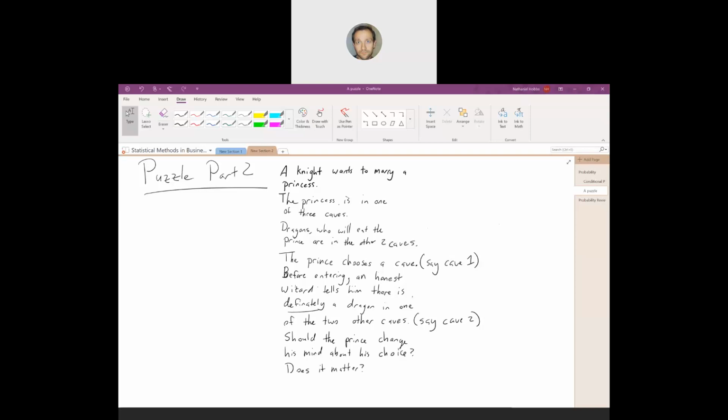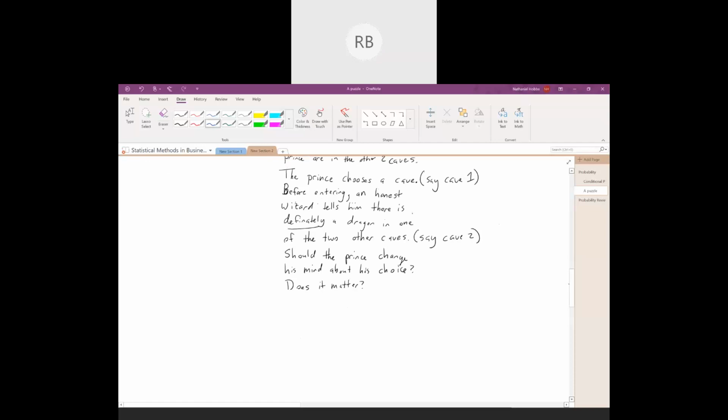So, Royston. You say it doesn't matter. Okay, why not? If I'm reading this correctly, it seems like the wizard is saying that in one of the caves, there would definitely be a dragon.